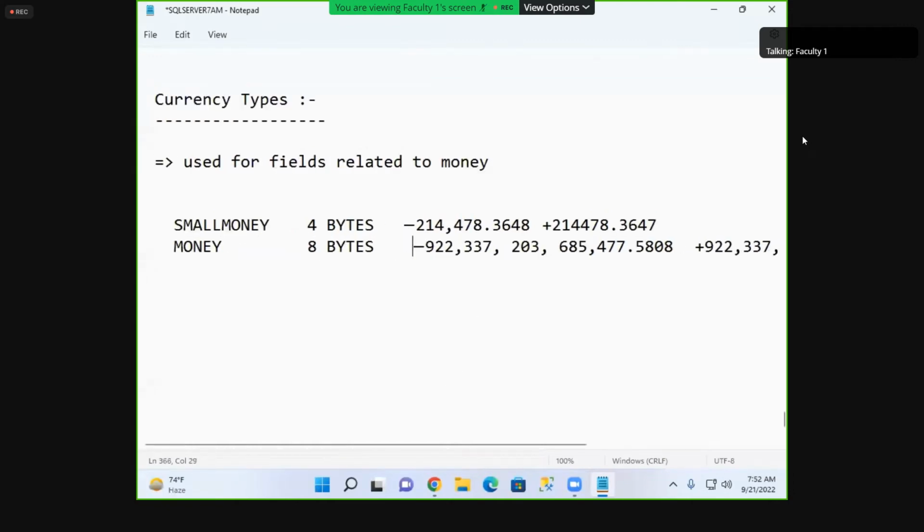You can just leave these numbers, because nobody will ask for this range. But you might get a doubt about when to use smallmoney and when to use money. That is based on the range.